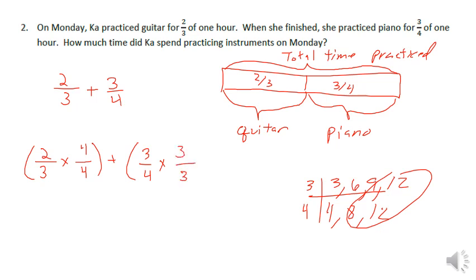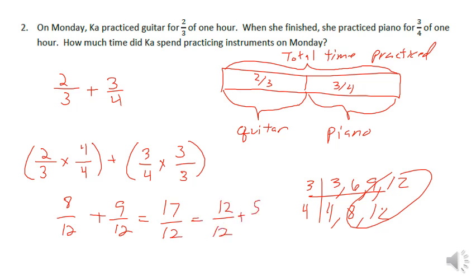So now we end up with 8 twelfths plus 9 twelfths equals 17 twelfths, which equals 12 twelfths plus 5 twelfths, which equals 1 and 5 twelfths. He practiced for 1 5/12 hours.